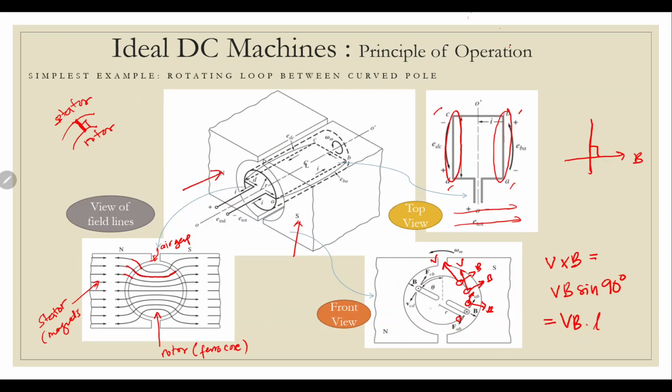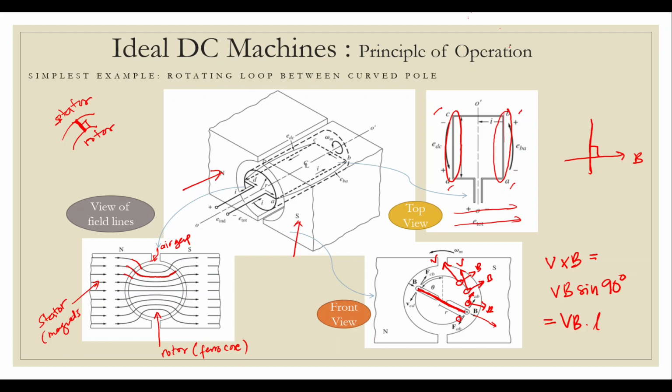So if we go back, this is AD if we're looking from the front view, and B is this way, right? So obviously the movement is parallel with B. Alright, so if the movement is parallel with B, the cross product will become 0.